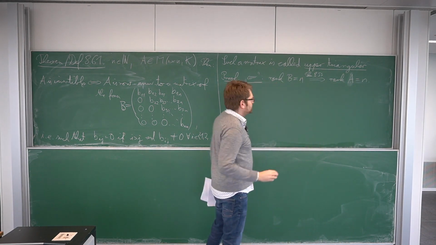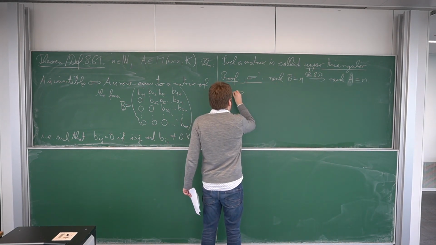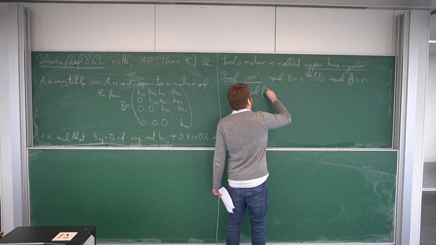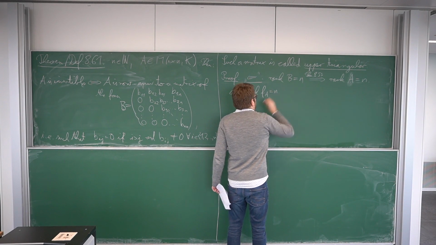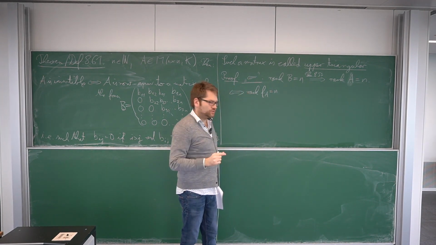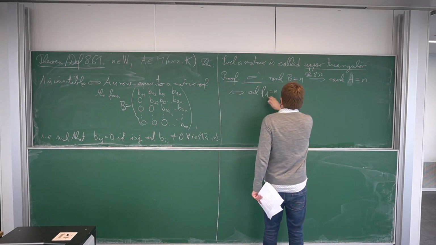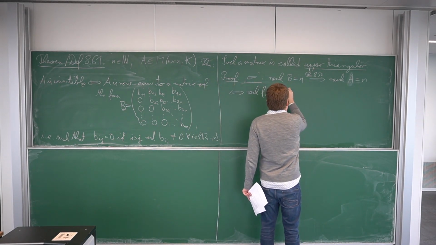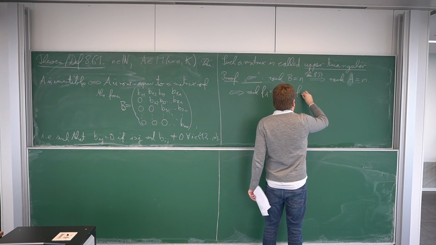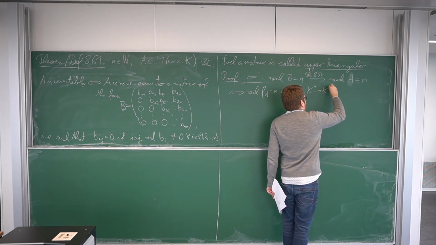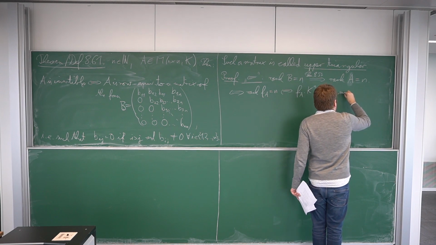But this means that the rank of the map induced, F_A, is equal to n. And this is the induced map, which is now a linear map from Kn to Kn. And the rank of this is n, so it's everything. So this means F_A from Kn to Kn is surjective.